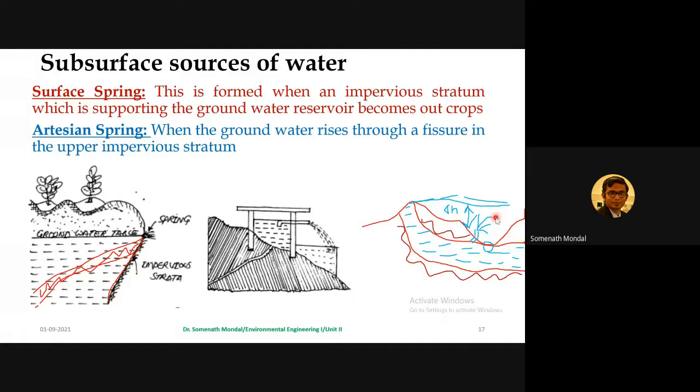You will see this kind of formation in nature in many places, and usually those places are very popular and people visit them to watch such natural formations. Often in Indian culture they are considered very holy, so you can visit such hot springs, artesian springs or surface springs in many places, mostly in the hilly regions.